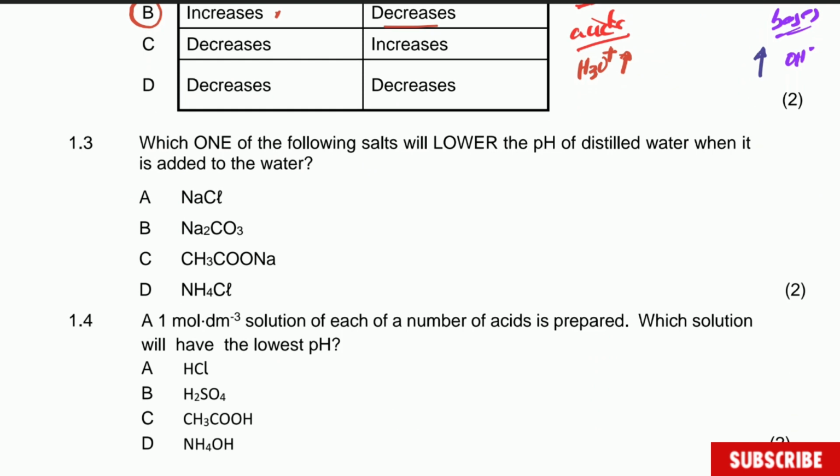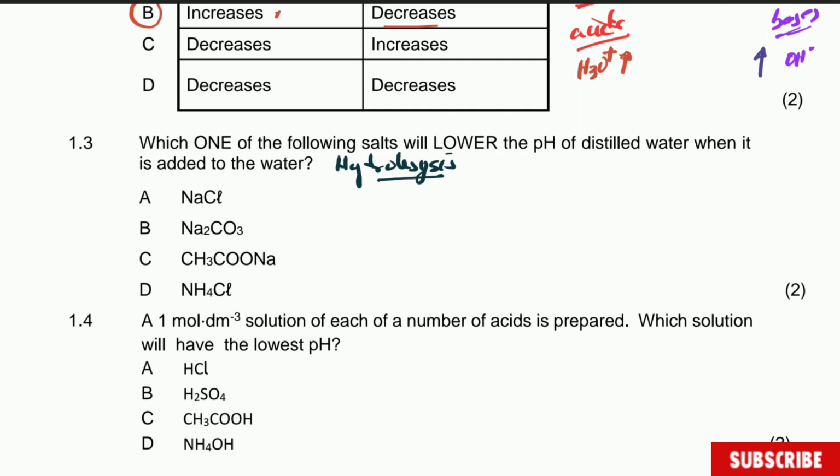Question 1.3. Which one of the following salts will lower the pH of distilled water when it is added to the water? And this is a very good question, guys. This is hydrolysis. Okay, so now remember we did all this one in a video.